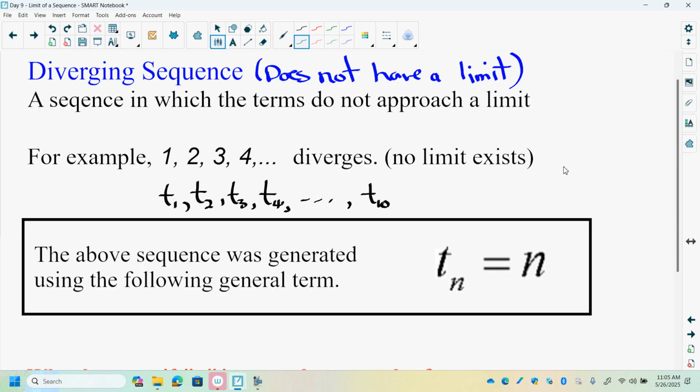What would the 10th term be? 10. What would the 100th term be? 100. 1,000, and so on. As n gets bigger, what's happening to my sequence? It's not converging on 1. It's actually blowing up as well. It's getting infinitely large.